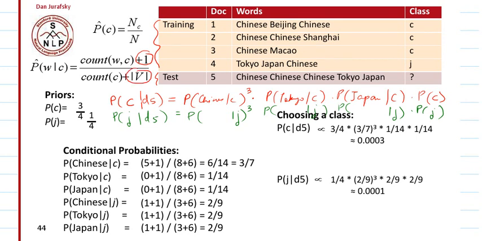V is the set of unique words that are present. We have Chinese, this is 1, Beijing is the second one, Shanghai is the third one, Macau is the fourth one, Tokyo is the fifth one, Japan is the sixth one. So V equals 6, the number of unique words is 6 here.